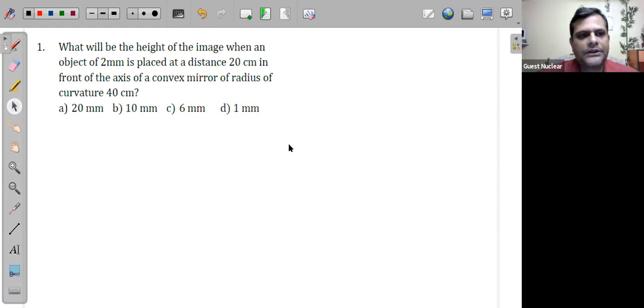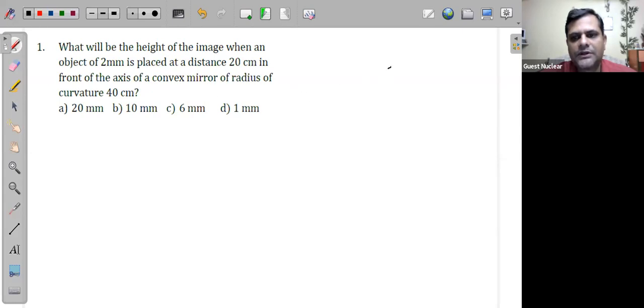Okay, so see here, we want to find out the height of the image when an object of 2 millimeter is placed at a distance of 20 centimeter in front of the axis of a convex mirror.